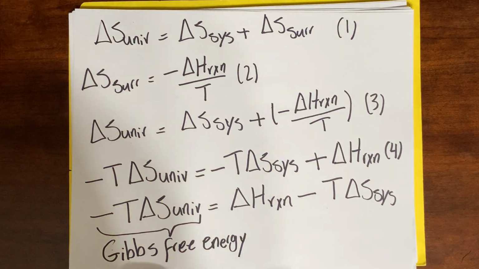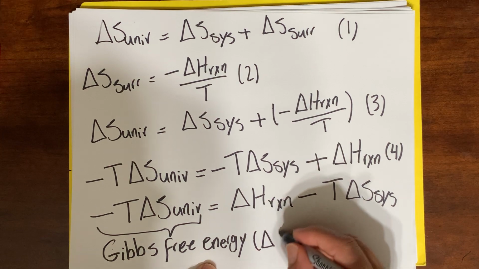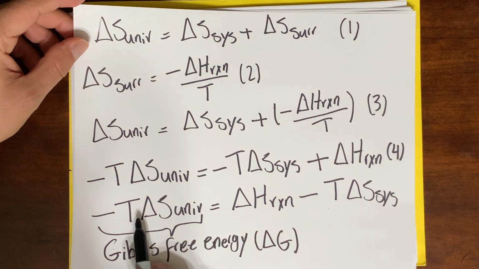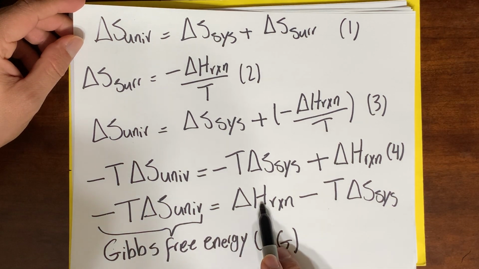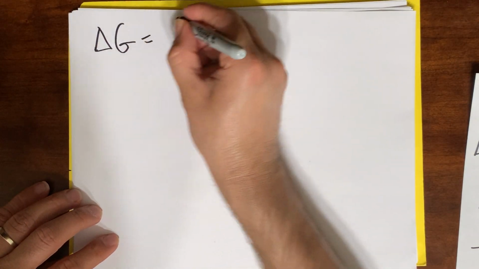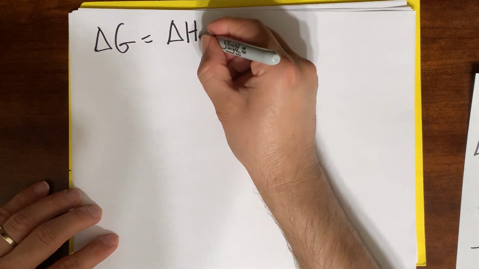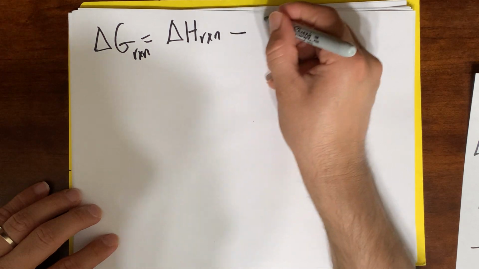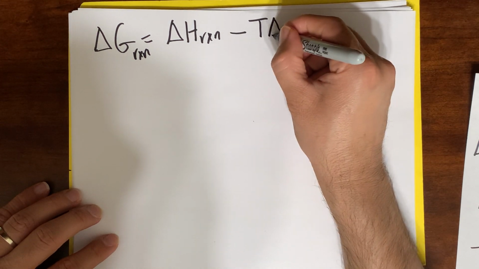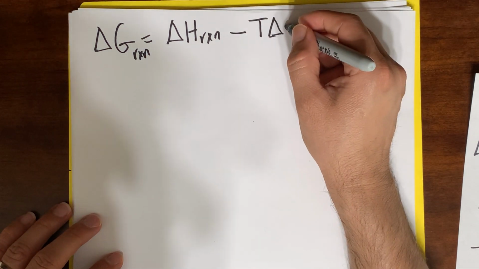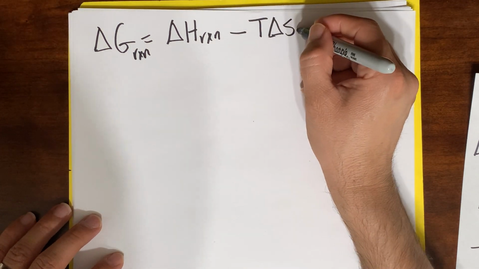And we show it by delta G. So I get delta G equal to delta H minus T delta S, of the system.